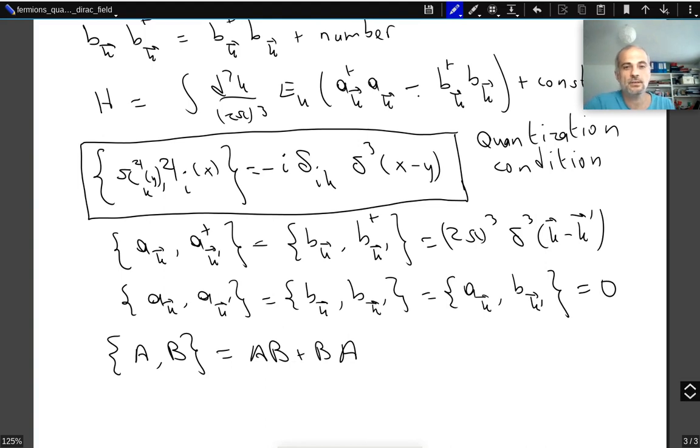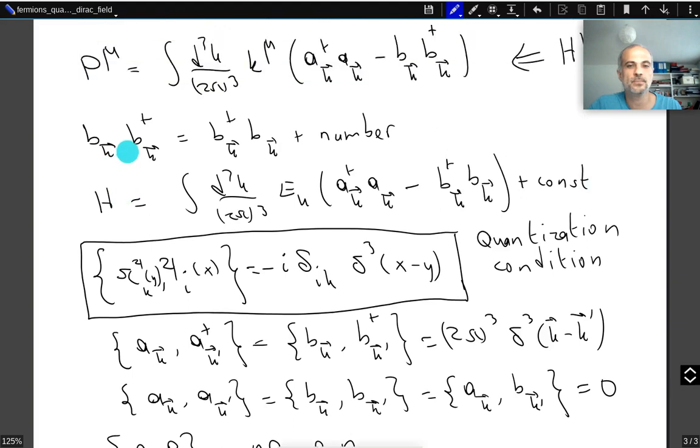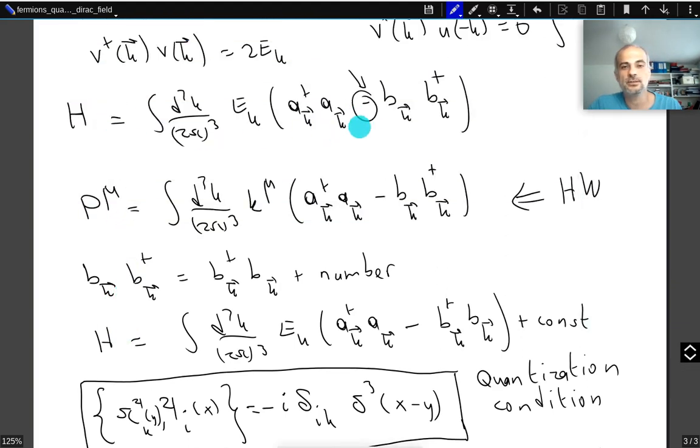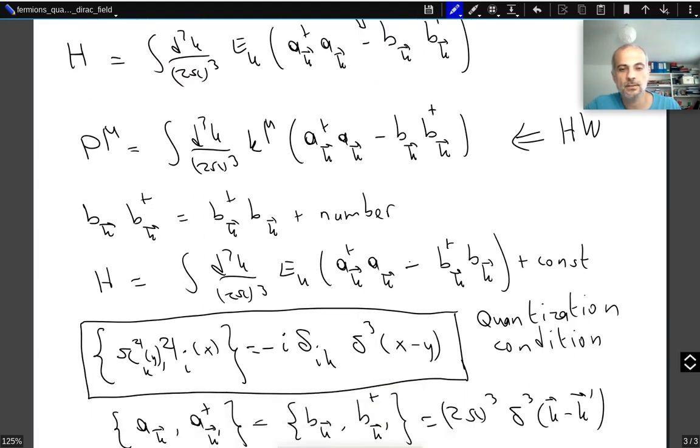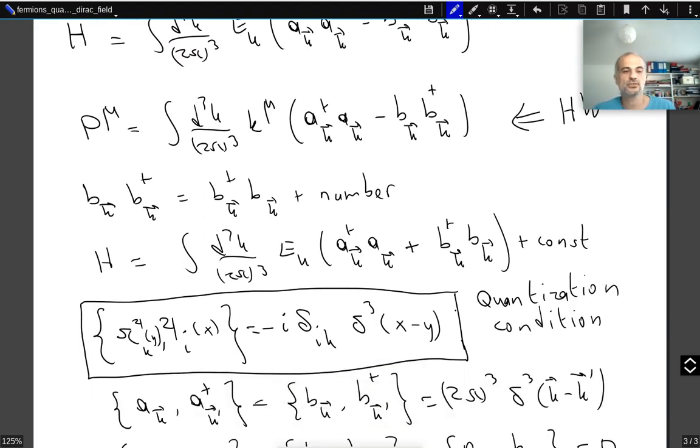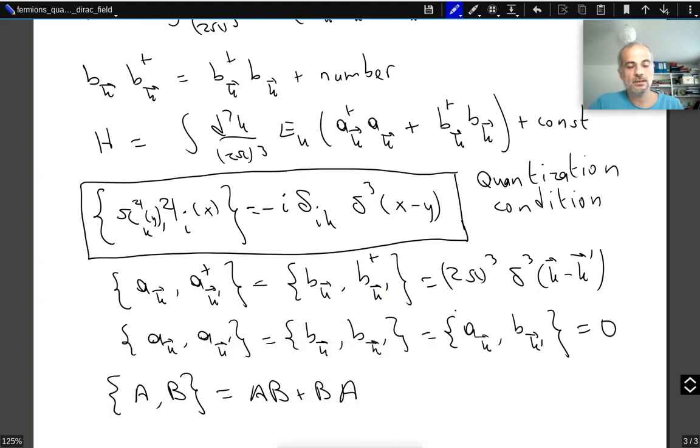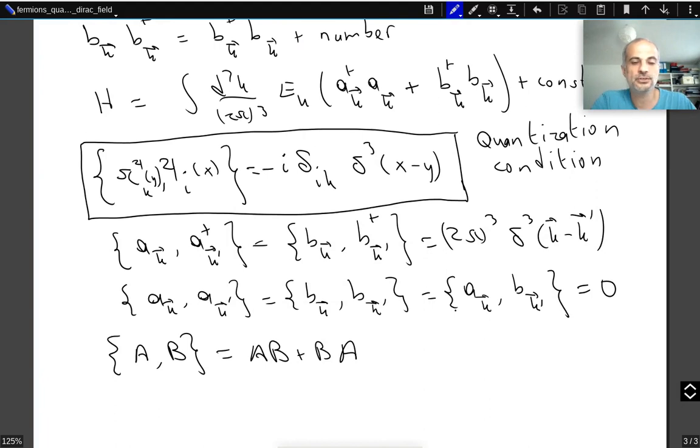In that case, the Hamiltonian, the total energy of the system, which is written in this form, becomes, when we use the anti-commutator, plus this number. So the energy is now bounded from below. Now, of course, this anti-commutation relation just has other consequences.